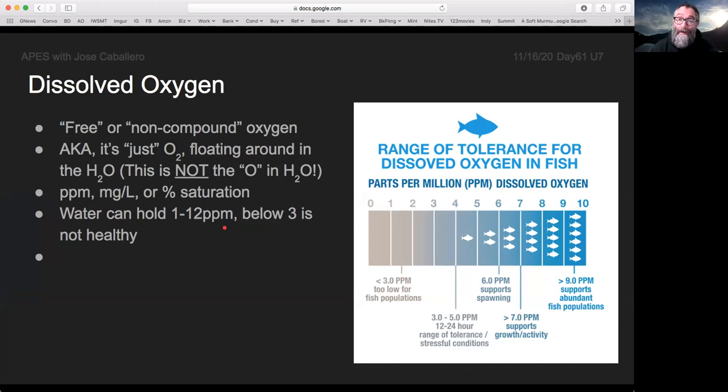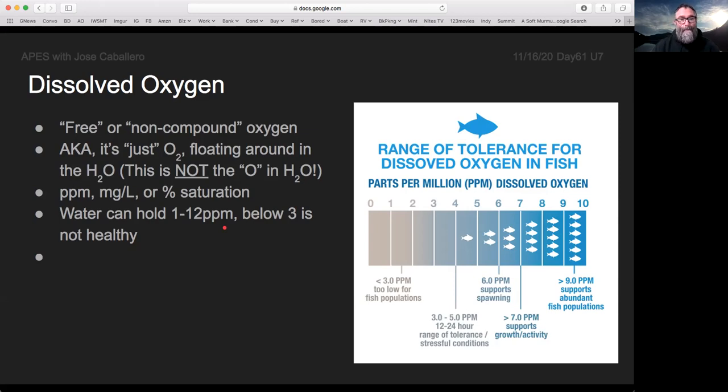So carbon dioxide can dissolve in water, and that would be compound oxygen in the water. But that's not what we're talking about here. We're just talking about O2, the oxygen that you and I breathe, what dissolves into our blood to help our cells do cellular respiration. Remember, this is not the O in H2O. It's just O2.